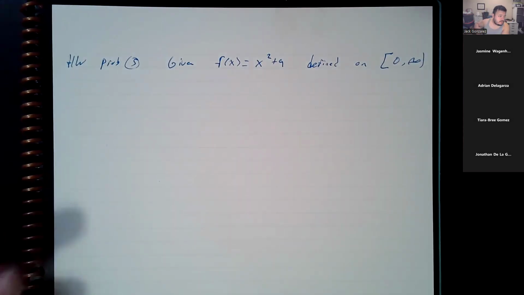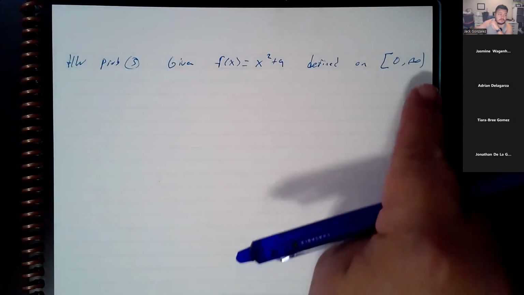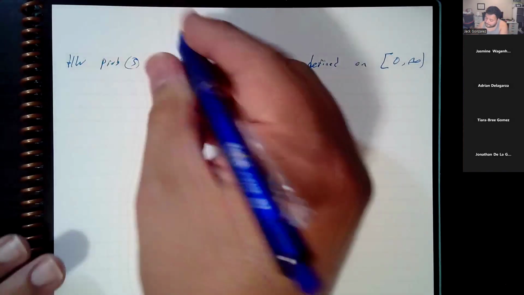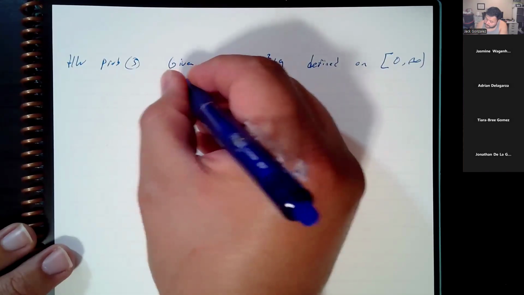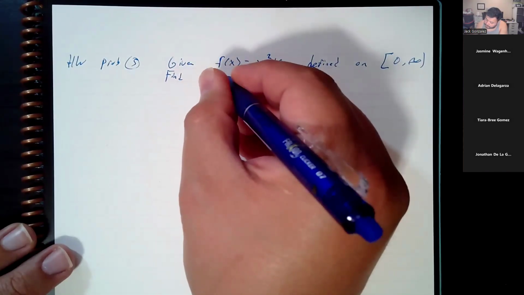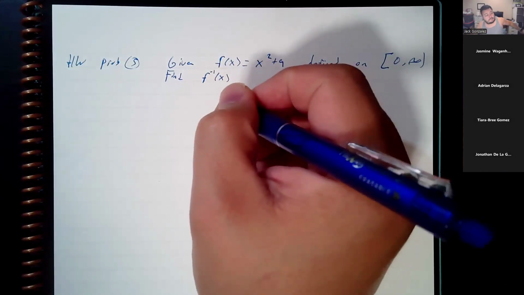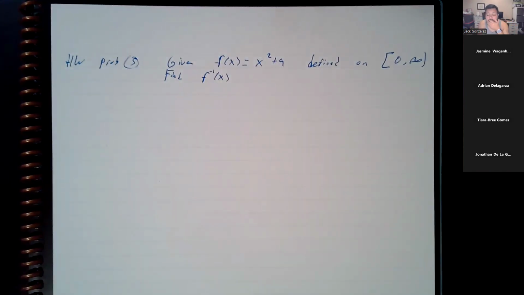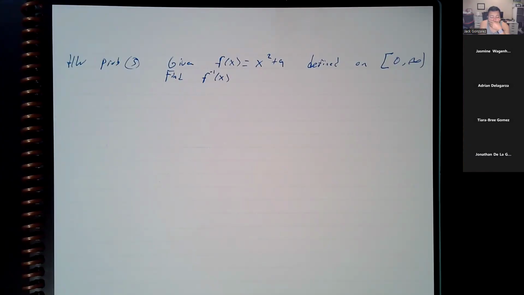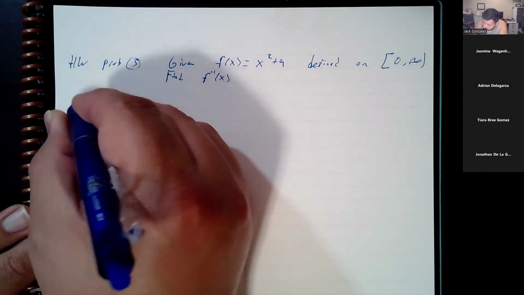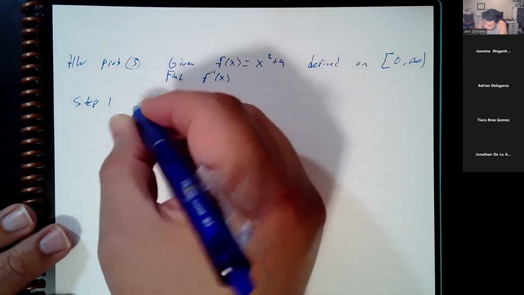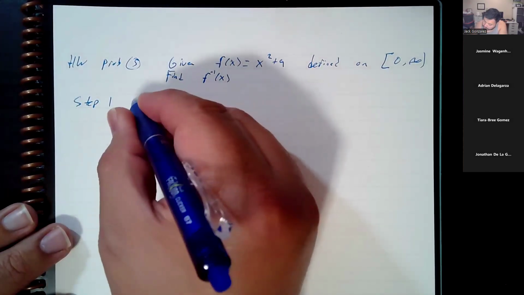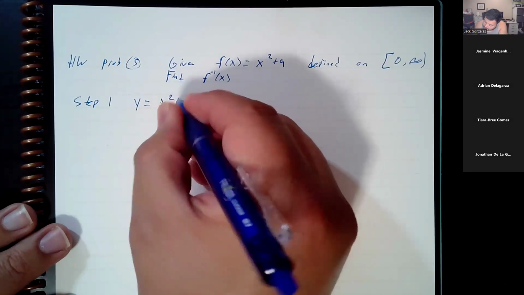So they're kind of cutting the parabola on this section here. Find the inverse. So here we go. Step 1, change this into y.